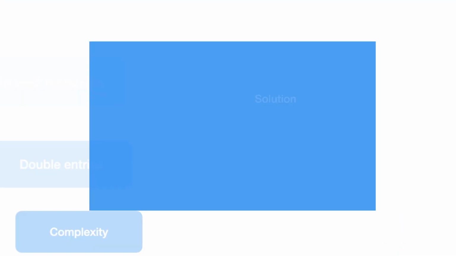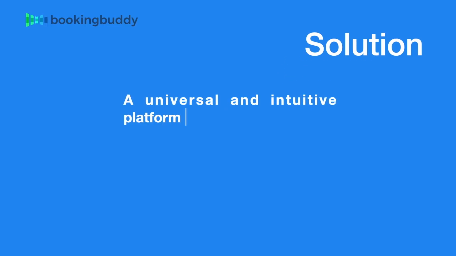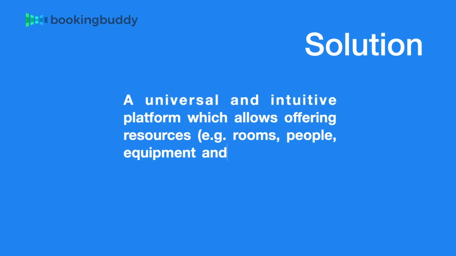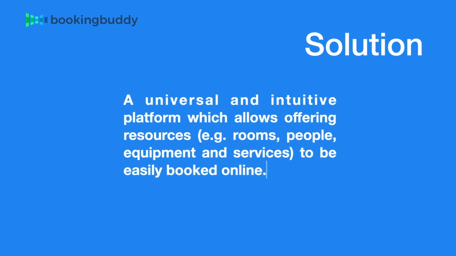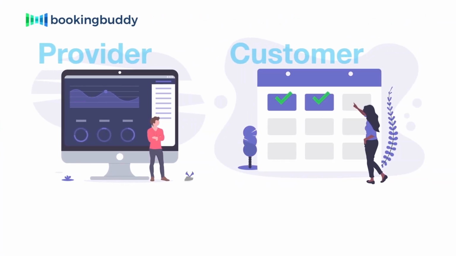A universal and intuitive platform which allows offering resources, for example rooms, people, equipment and services, to be easily booked online. We see here Tom and Leah. Tom wants to rent his office.